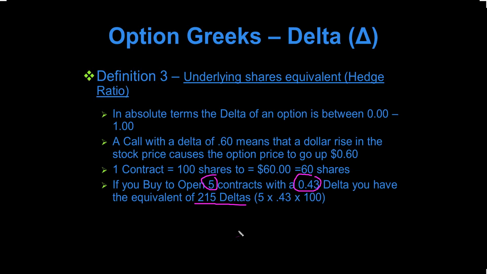Well, I'm at 500 deltas, or 400 deltas, or 300 deltas. Well, you've got to go back to the underlying and say, based on 215 deltas of this specific underlying stock at a 43 delta, I do the math, and that tells me what I've got in shares of stock. In this case, I own 215 shares if you do the math. 5 times 0.43 times 100.